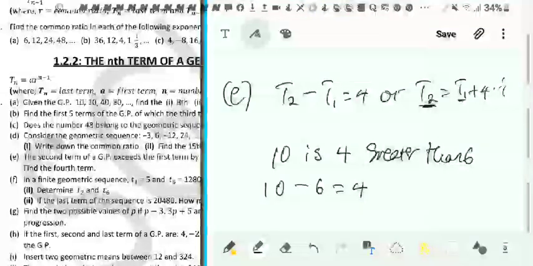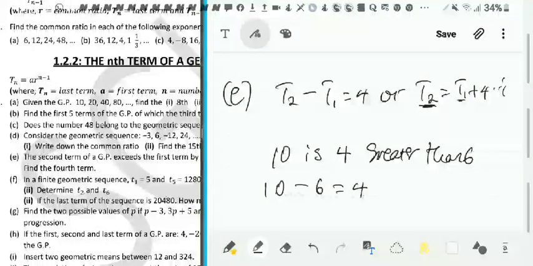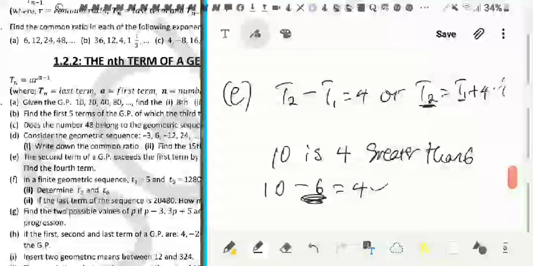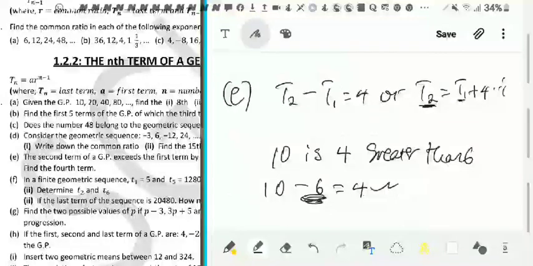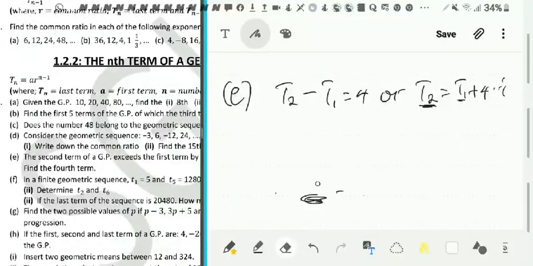It means that when you subtract 6 from 10, you will get 4. So 10 is greater than 6 by 4. That's what I was writing here. T2 is greater than T1, it exceeds T1 by 4. I can't do too much explanation for the word problems because this is a geometry class and we don't have time. I'm moving with time.